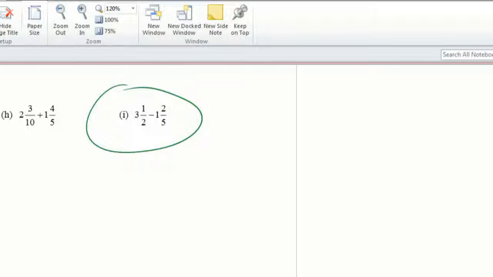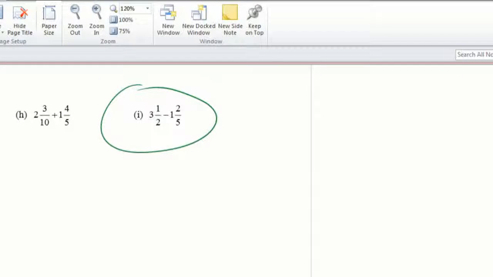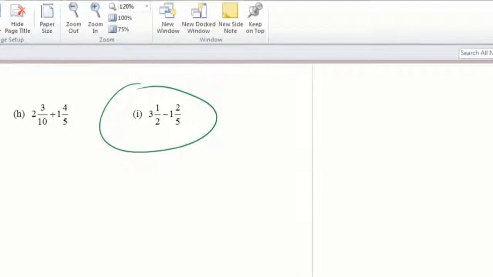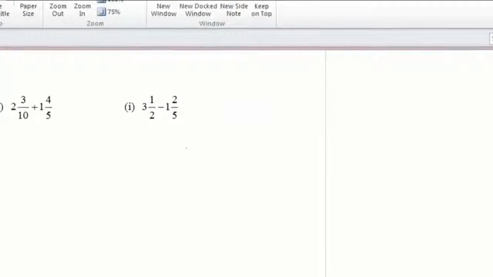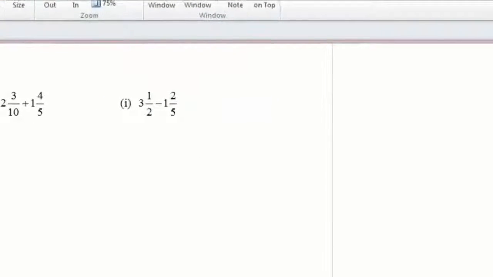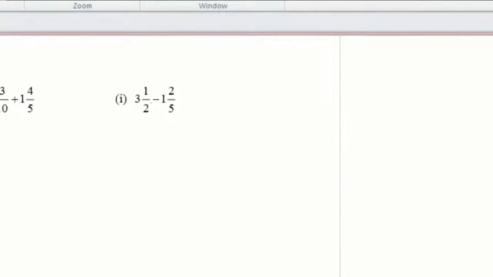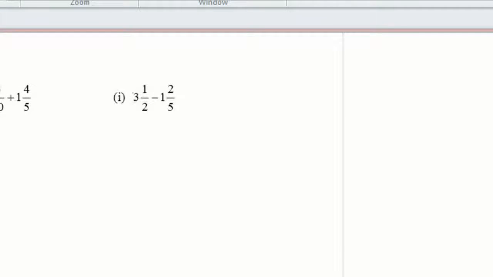So it's a little trickier than some of the regular ones you went through, but we'll see what we can do. The first thing I recommend doing is converting them from mixed fractions to regular fractions. If you recall how that works, if I have 3 and 1/2, this means 3 whole numbers and then 1/2 of whatever's left.